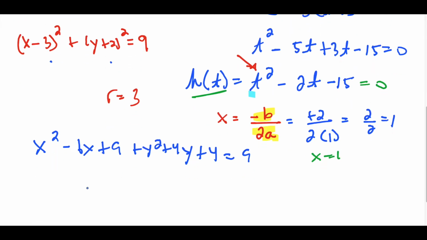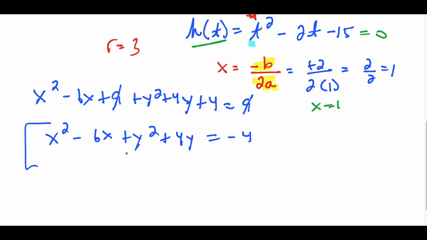Now these guys kind of wipe each other out. So then you're gonna get x squared minus 6x plus y squared plus 4y, and I'll move the 4 to the other side just to be annoying. Minus 4. Okay. So here is also the equation of a circle, but it doesn't help.